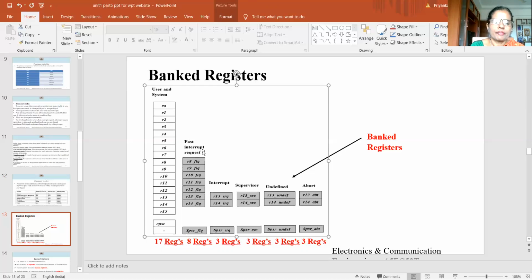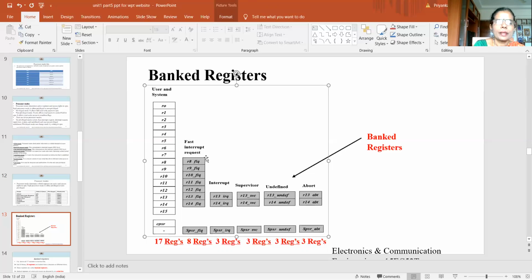First, FIQ should come. Next, IRQ should come. Then supervisor, undefined, and abort should be the last diagram. Abort is last. User and system is first. Then FIQ, IRQ, and then remember supervisor and undefined mode. For user and system mode, don't shade the diagram.